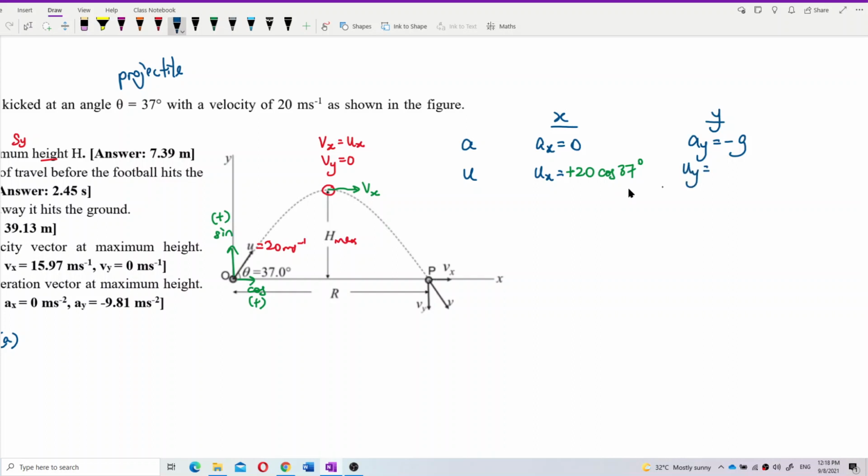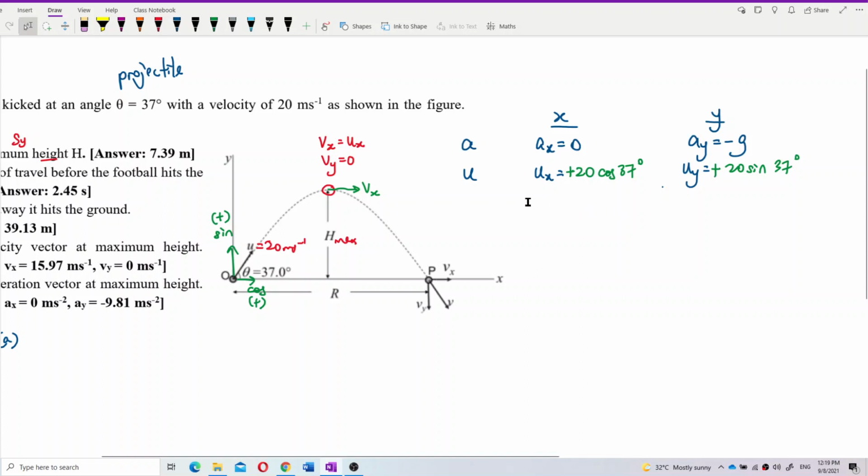Uy is also positive because it is going up, and it is 20 sine 37. So we got the x and y component velocities.